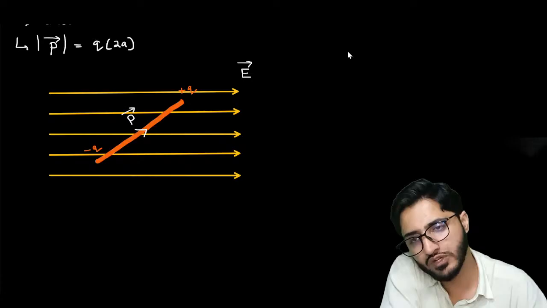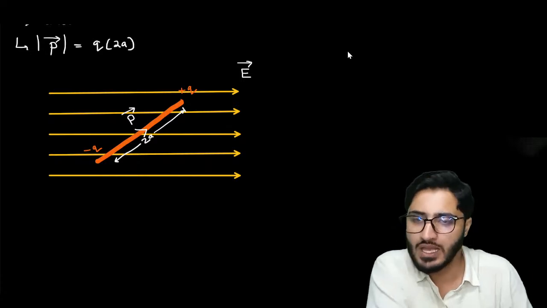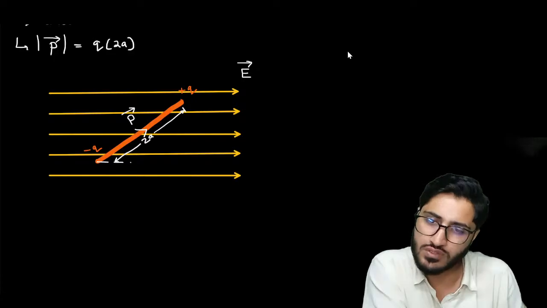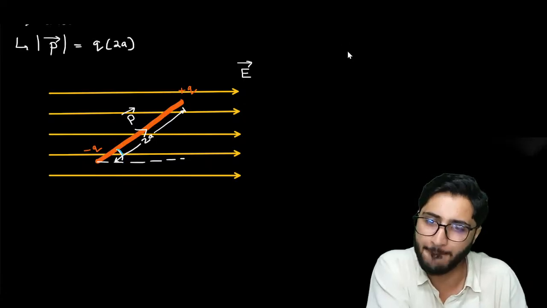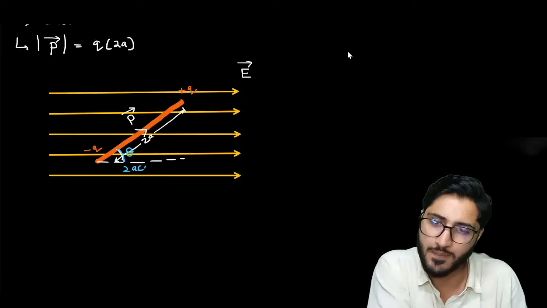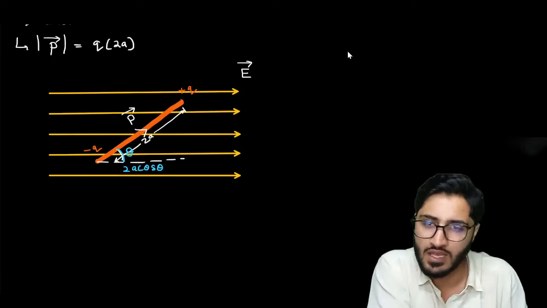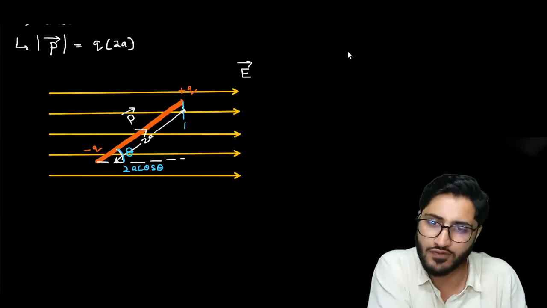And the whole distance is 2a. Let us suppose the angle of inclination is theta. So this side would be 2a cos theta, and this side would be 2a sin theta.